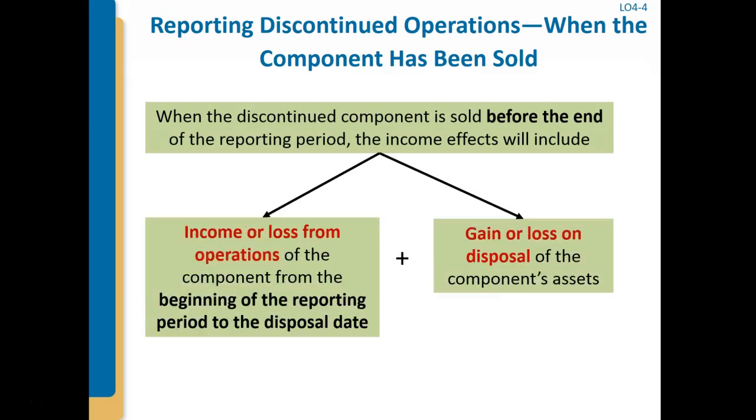By definition, the income or loss stream from discontinued operations will no longer continue. So financial statement users are more interested in the results of operations that are going to continue, and it's informative for companies to separate the effects of the discontinued operations from the results of operations that are going to continue.